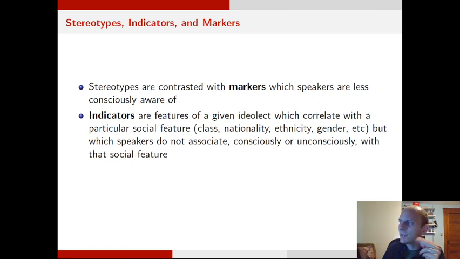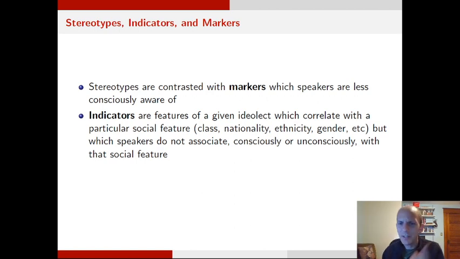Again, because a lot of this is about perception, not necessarily about reality. The take-home point here is that these connections between linguistic variants and social factors vary with regards to how aware people are of them.